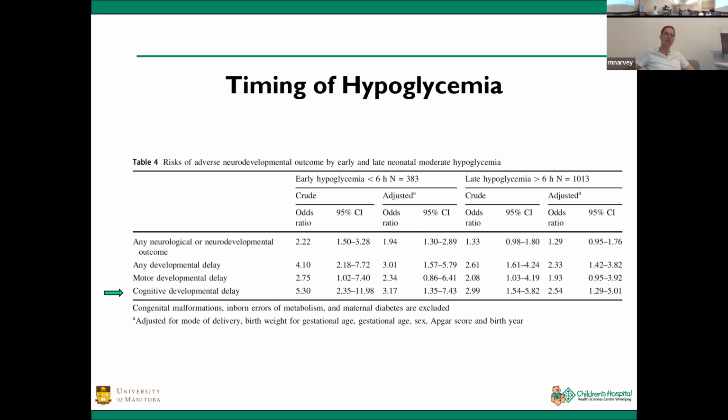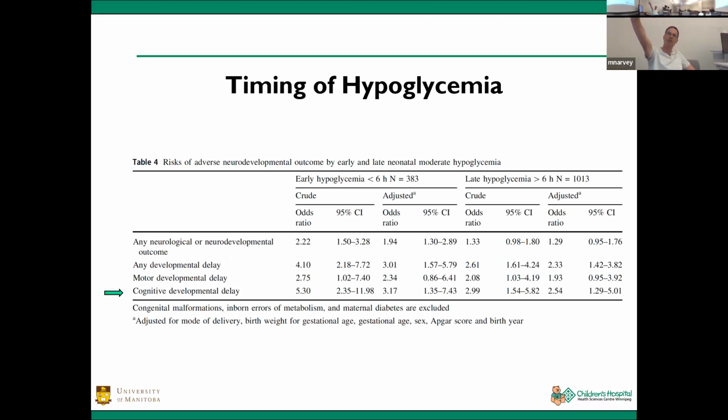So if you look at cognitive developmental delay, the first column is early hypoglycemia, the second column is late hypoglycemia. Once you adjust for confounders, which is the second column in each, at the bottom, cognitive delay had an adjusted odds ratio of roughly 3, and the 95% confidence interval does not cross 1.